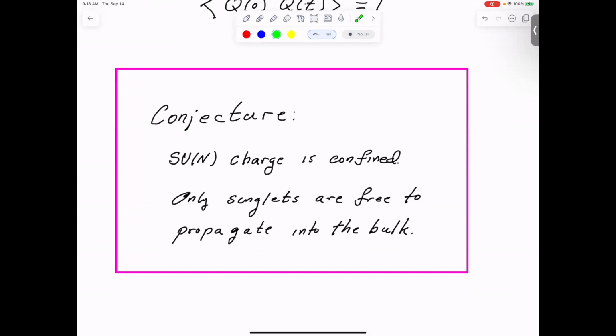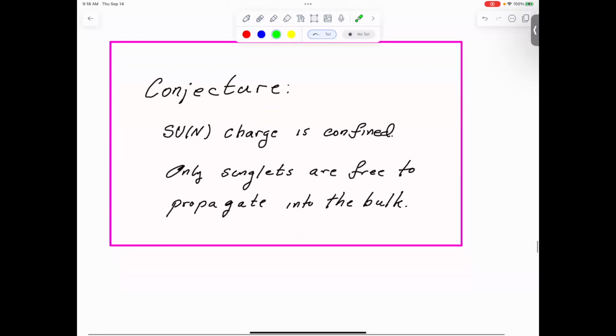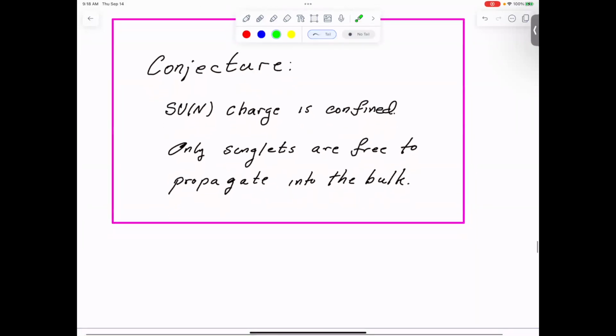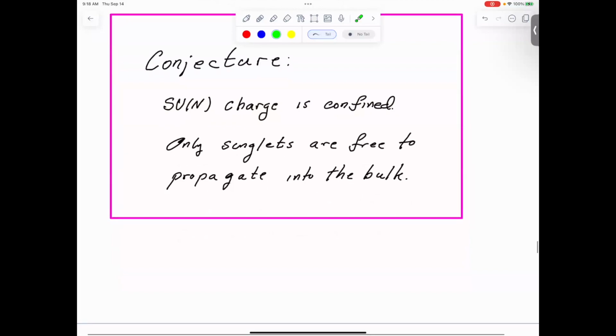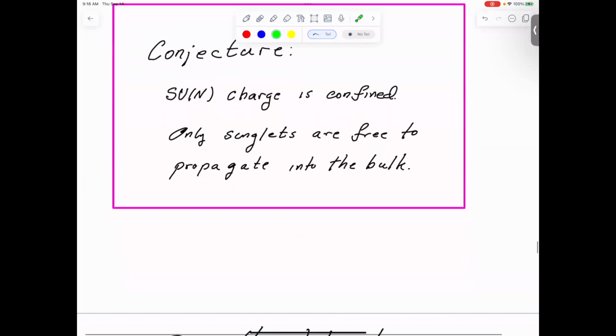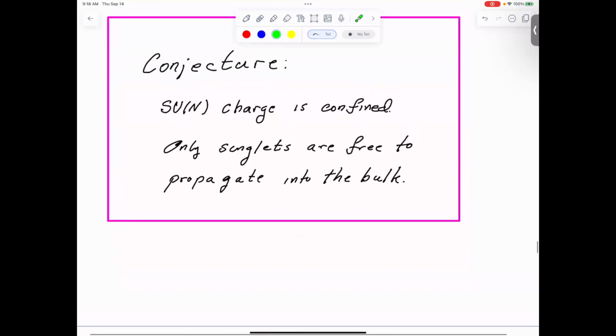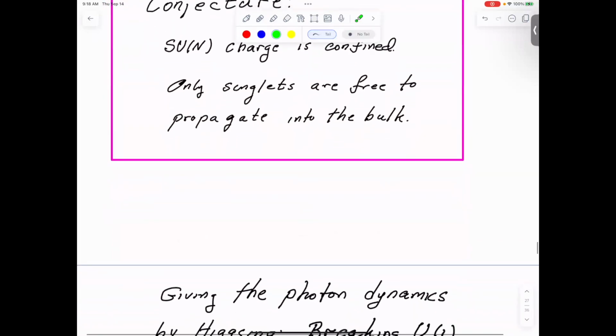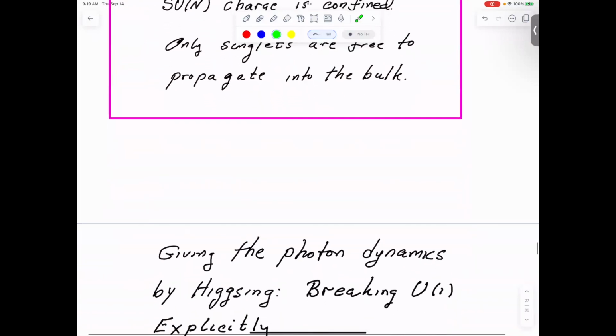That's a conjecture which I don't know how to prove. But from the experience of calculating, I've calculated it up to four particle correlations, and it seems like the singlets are always unsuppressed, and the non-singlets are always confined.